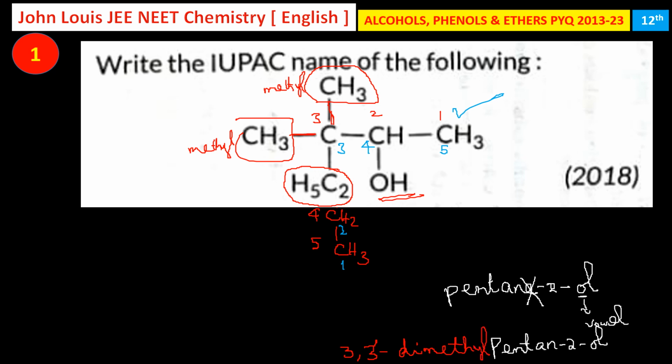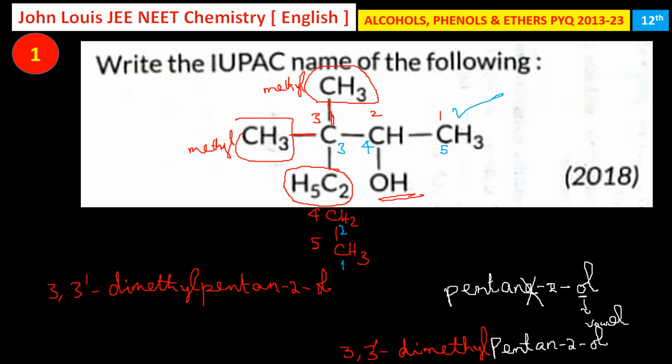Therefore, the IUPAC name of this compound is 3,3-dimethylpentan-2-ol. So you have to learn to think step by step and derive the answer.